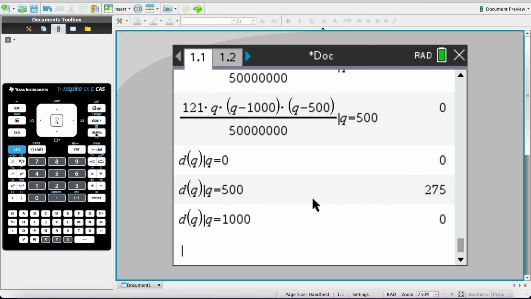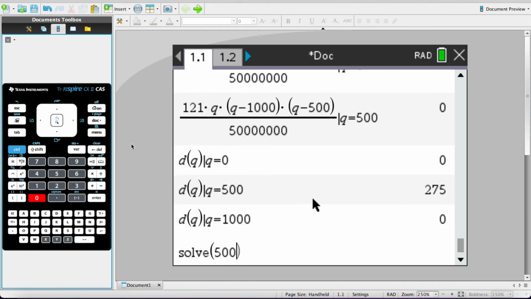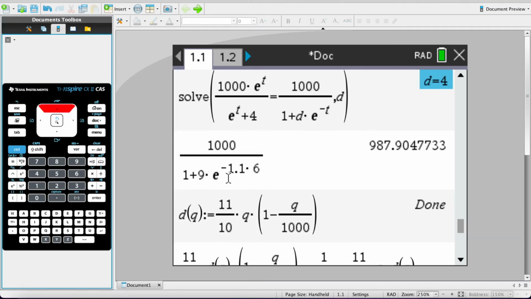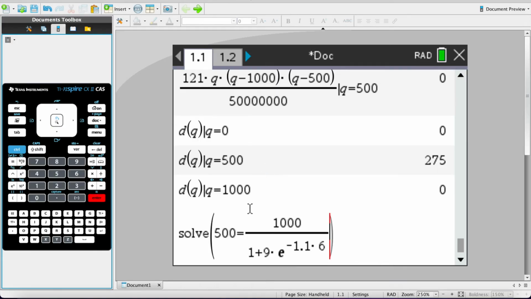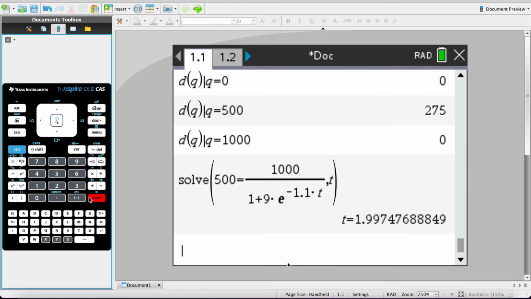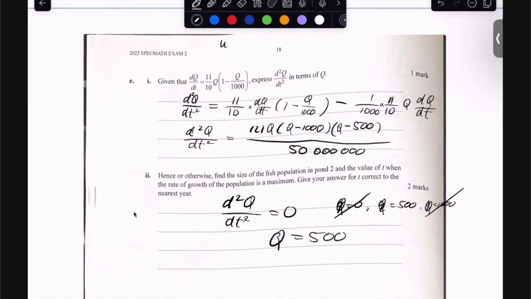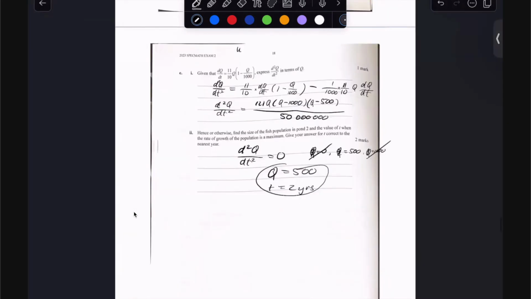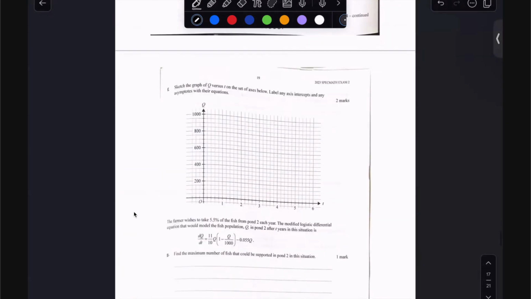So menu 3-1, 500 is equal to, and I'm sure I've written that equation somewhere. Here it is, and that's just t, comma t. T is 1 to the nearest integer, t is 2 years. And it goes on.